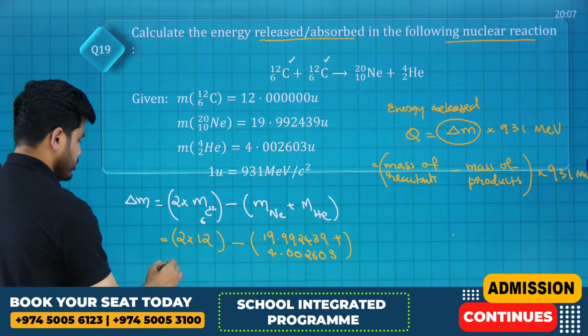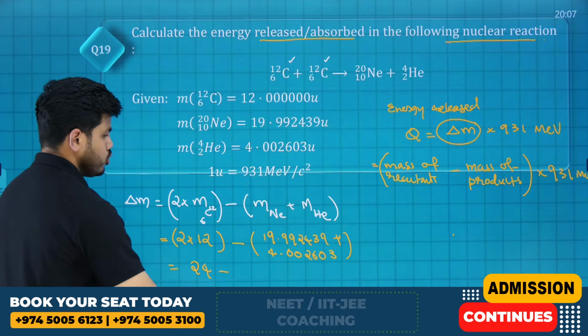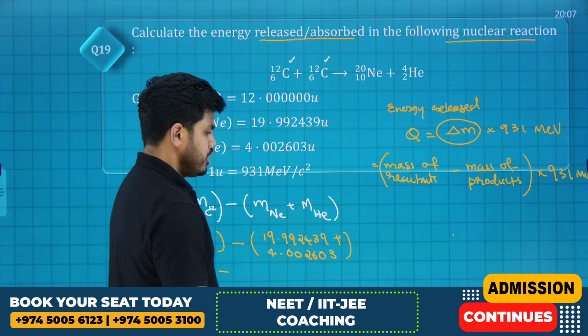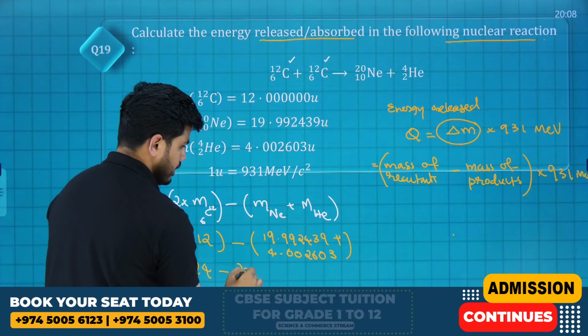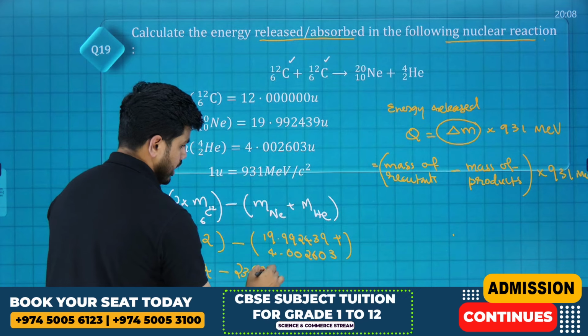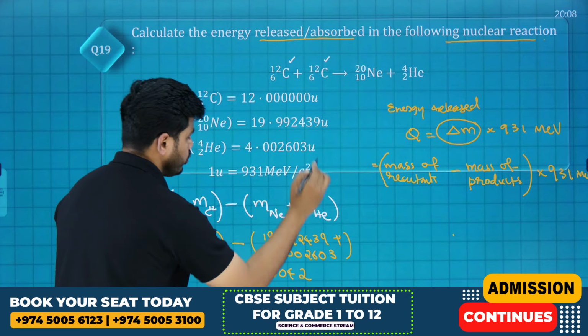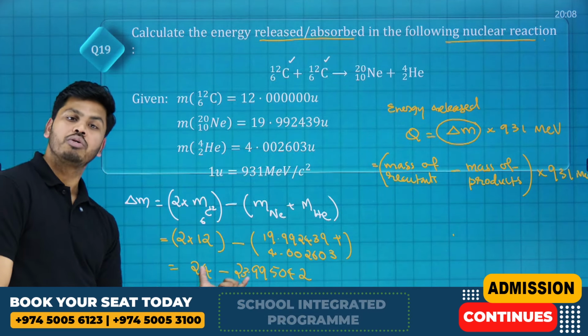So 2 into 12 is 24. 24 minus this value, if you add them up, you will get 23.995042.